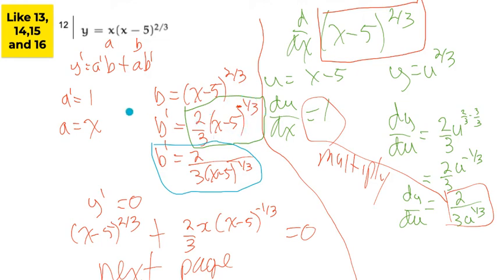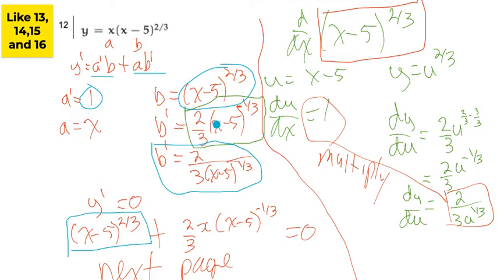Then I write it in the same manner, a prime b because of a prime b, and a b prime because of a b prime. So this multiplies with this, a prime b, and that comes down to right there. So 1 times x minus 5 to the 2/3, and then I'm multiplying x by this right here.